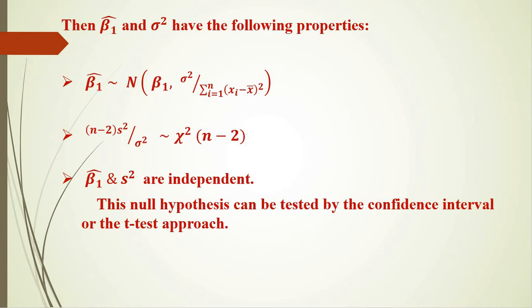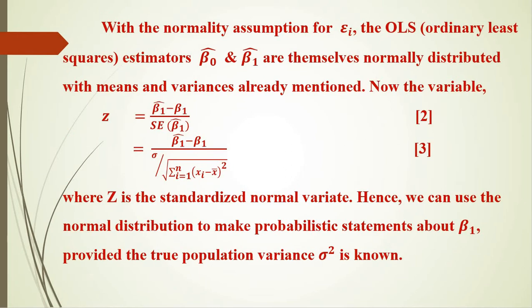So now the null hypothesis can be tested by confidence interval with the help of the t-test approach. As beta 1 cap follows normal distribution, we can set a new variable z such that z is equal to beta 1 cap minus beta 1 divided by standard error of beta 1 cap. So here we define the z statistic.